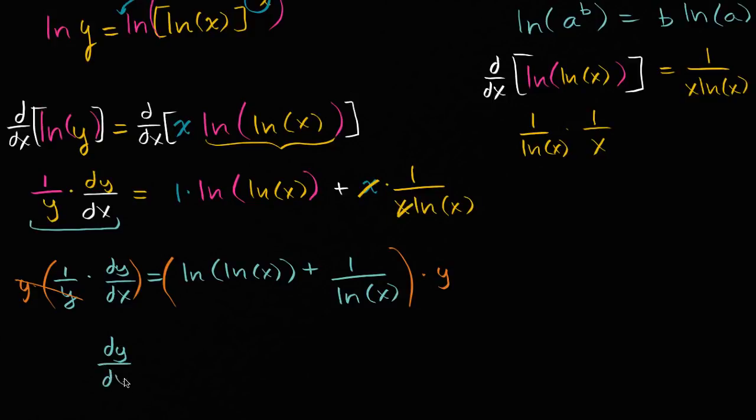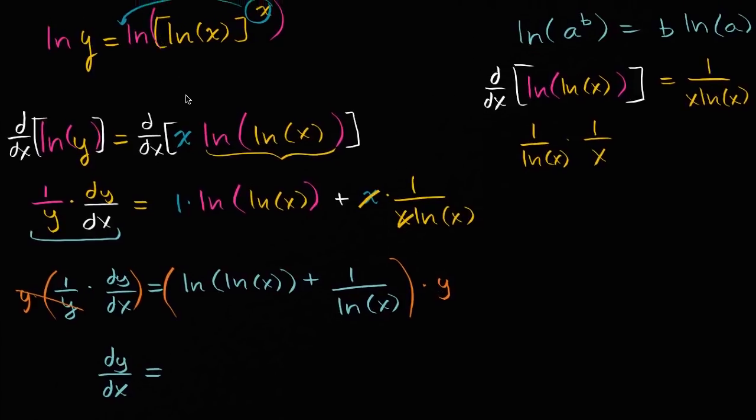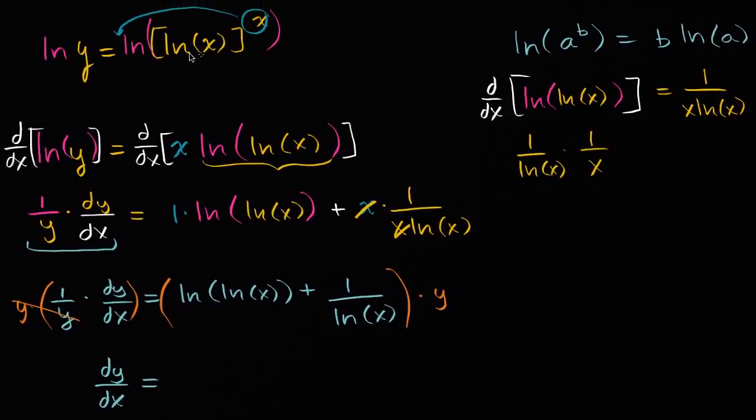The derivative of y with respect to x is equal to, well, y is our original thing. Y was equal to the natural log of x to the x power. So we're essentially multiplying both sides times the natural log of x to the x power.